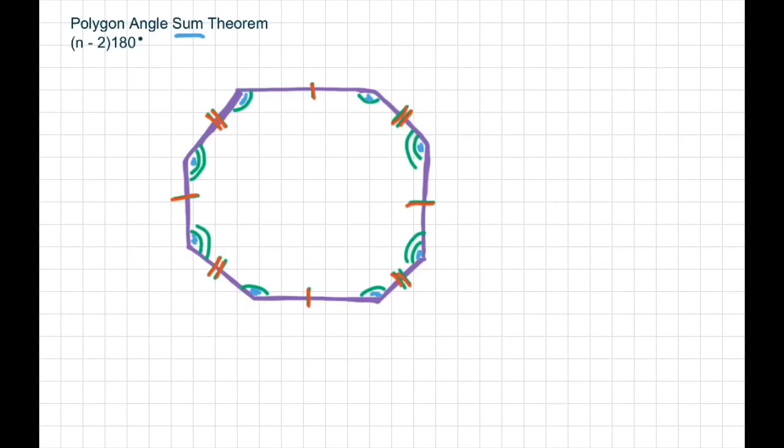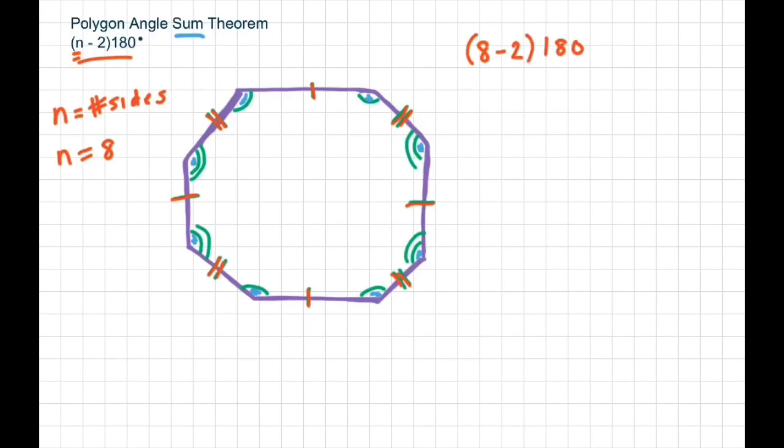Okay, now that I know that there's 8 sides, I look at the formula, which is up here, n minus 2 times 180. n equals the number of sides. So since I found out that the number of sides is 8, n is equal to 8. So then when I plug it into the formula, I'm going to write 8 minus 2 times 180.